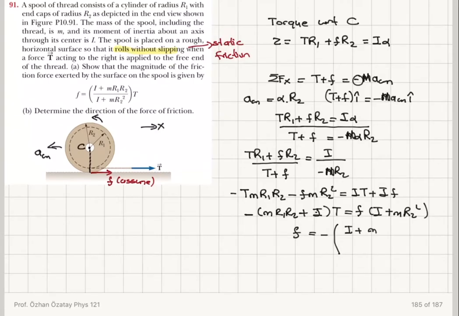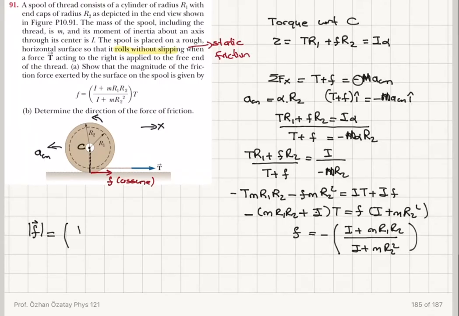So I will find that the force of friction is minus I plus m R1 R2 divided by I plus m R2 squared.